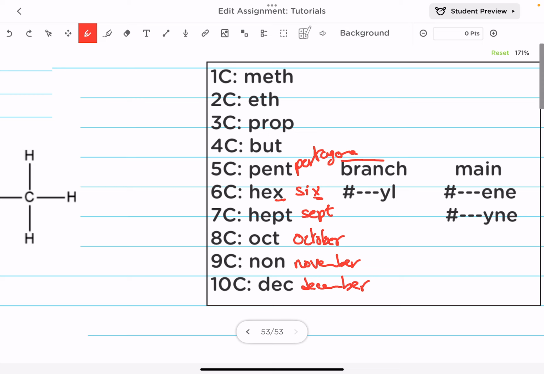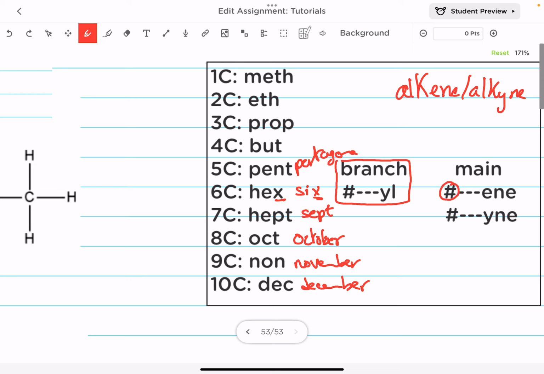Now, I have a rule that I always tell my students: if you are naming a branch, you are going to follow this rule, but you will end the name with the 2 letters YL. However, if you are naming the parent main chain, I'm talking here about alkenes and alkynes, you should always start by a number.